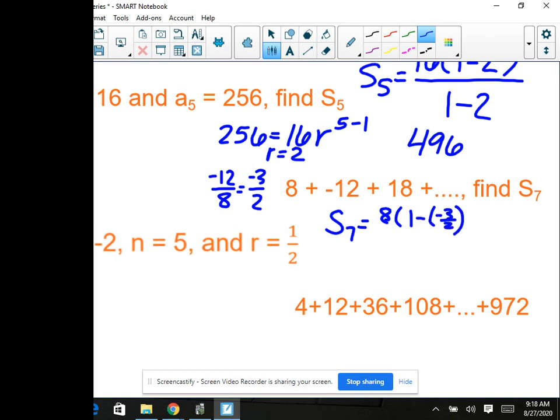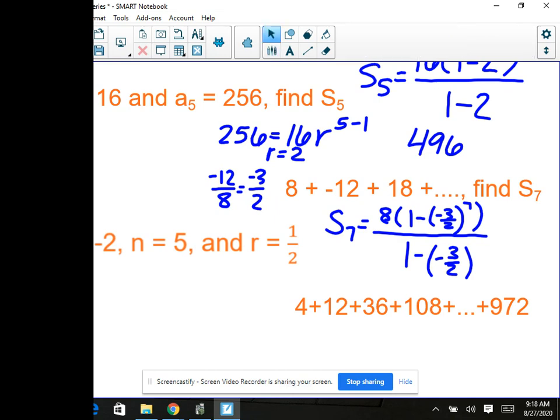Make sure negative 3 halves is in parentheses. In this particular case, since we're raising it to the 7th power, it's not going to be that big of a deal. But if it was raised to an even power, it would be a bigger deal. Okay, so make sure that you're paying attention to that.